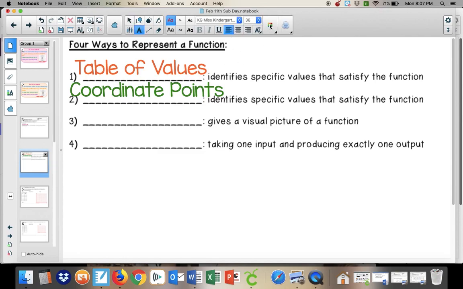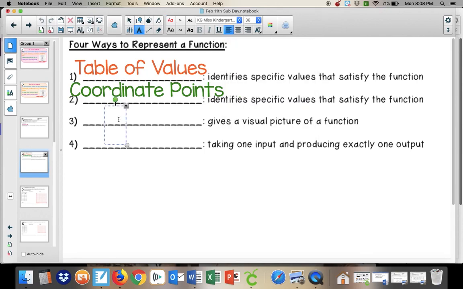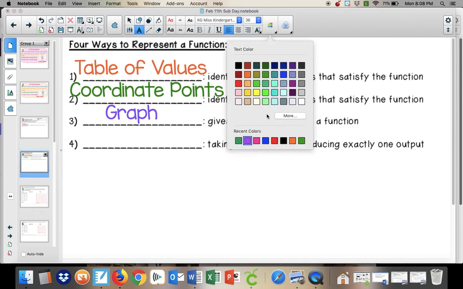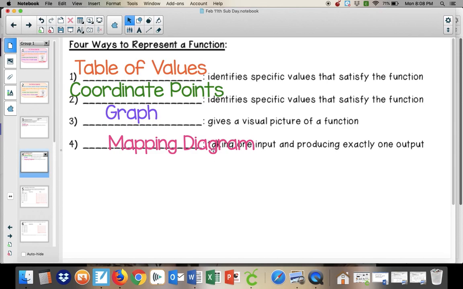Another representation that we are going to work with today is a graph. A graph is a visual picture that shows you your function. And then our last one that we worked on yesterday as well is our mapping diagram. That is the one where you have the 2 boxes and you draw your arrows between the x and the y, the input and the output.